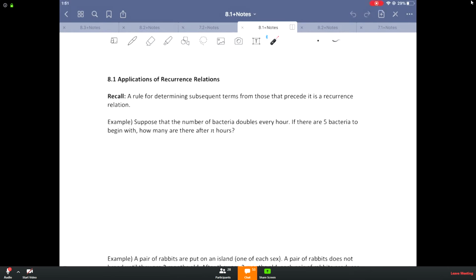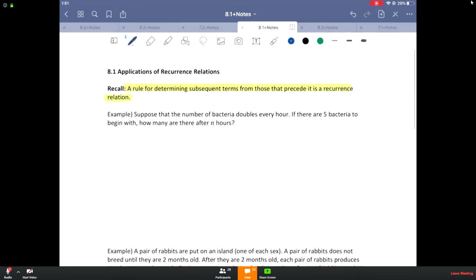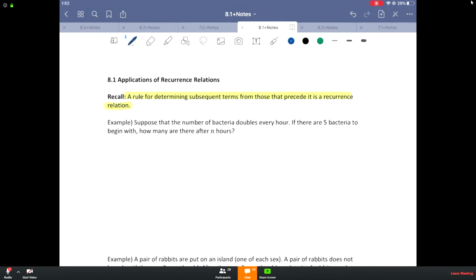We saw this back in chapter 2 with some sequences, and then again in chapter 5 with Fibonacci sequences, and 5.3 with all the recurrence relations. So we're going to talk about that again.